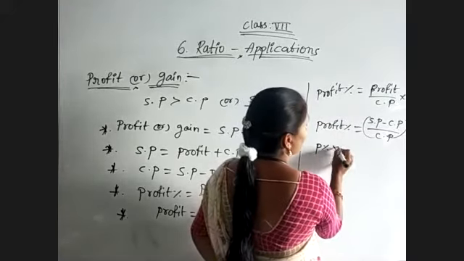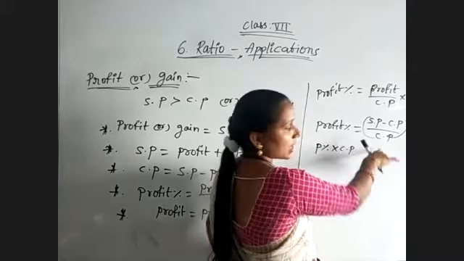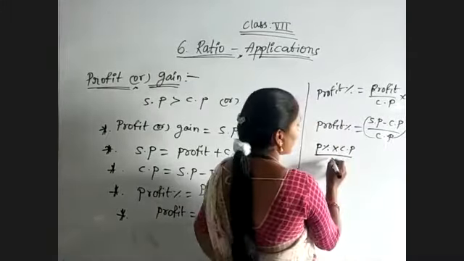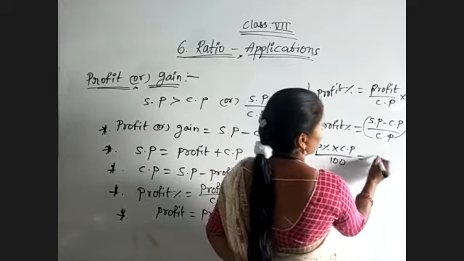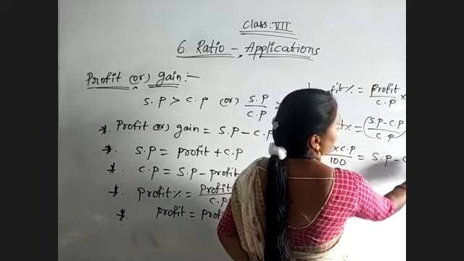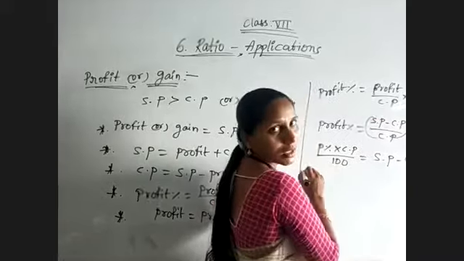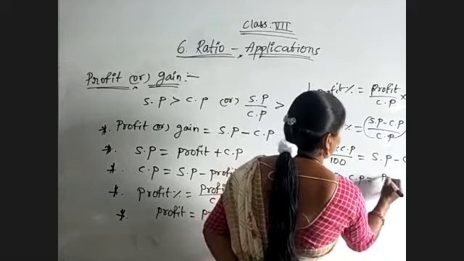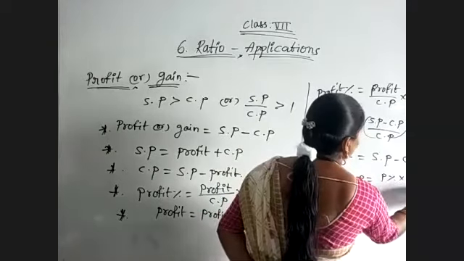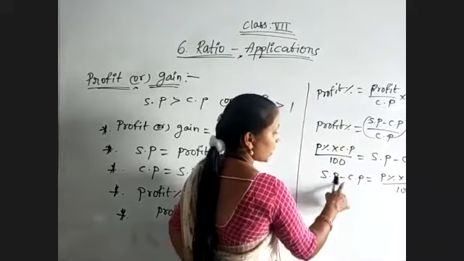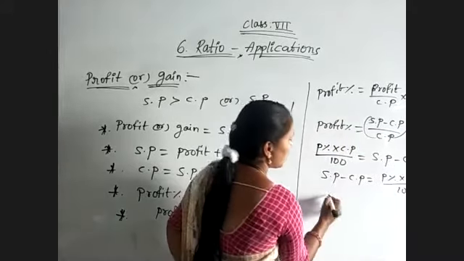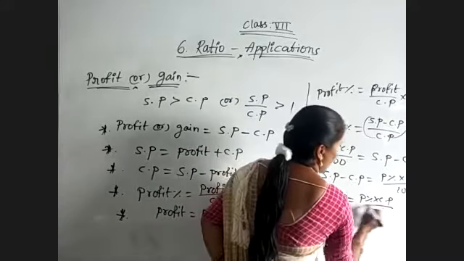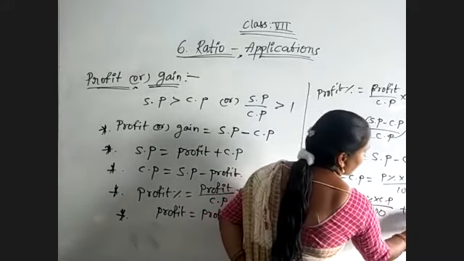Profit percentage into CP, divided by 100, is equal to SP minus CP. Only this term is left. Now SP minus CP is equal to profit percent into CP by 100. Now bring minus CP to that side, it will become plus CP. SP is equal to profit percent into CP by 100 plus CP.